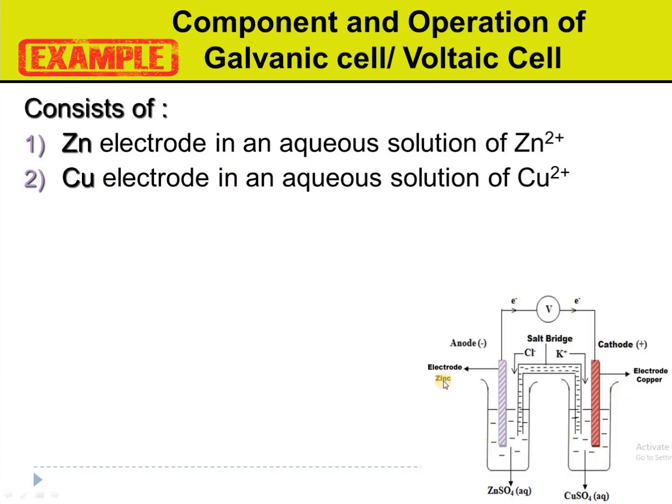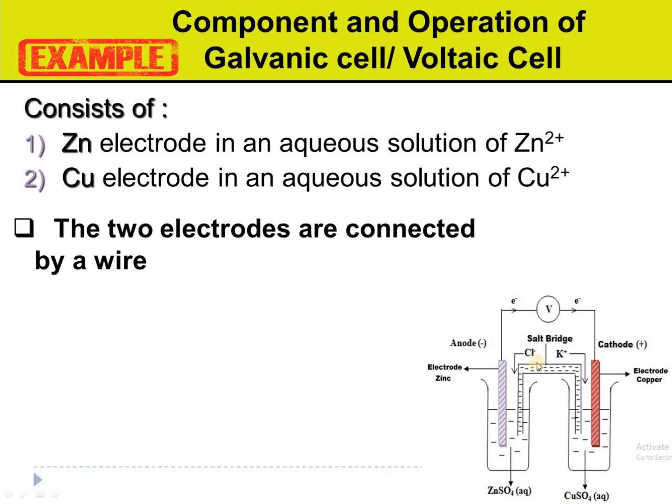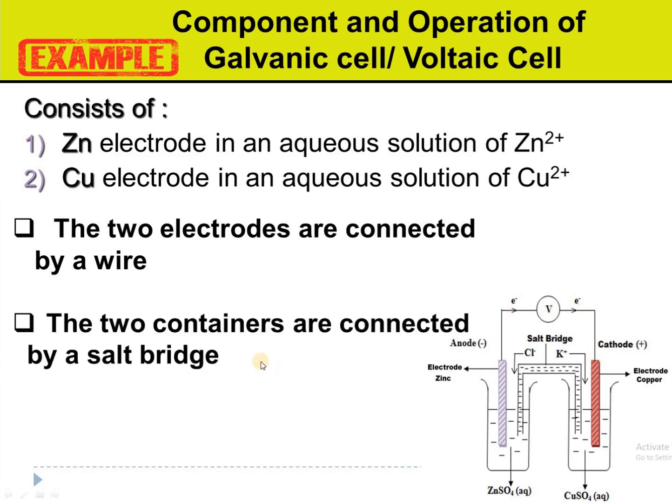At the anode, zinc electrode is immersed in zinc 2+ ion, for example electrolyte zinc sulfate. At the cathode, copper electrode is immersed in Cu2+ ion, for example electrolyte copper sulfate. Second, in galvanic cell, two electrodes must be connected by a wire. Third, two containers are connected by a salt bridge.